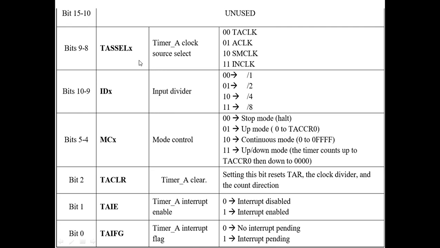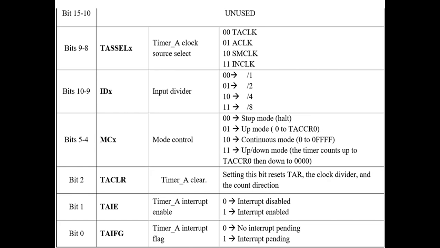Similarly, here is timer A source select. This is where we get the clock signal to configure the timer A block. That may be sourced from the timer A clock, auxiliary clock, subsystem main clock, or input clock. Based on our requirement, that means either low speed devices, high speed devices, or average speed devices, at the same time we need to check the power consumption also.